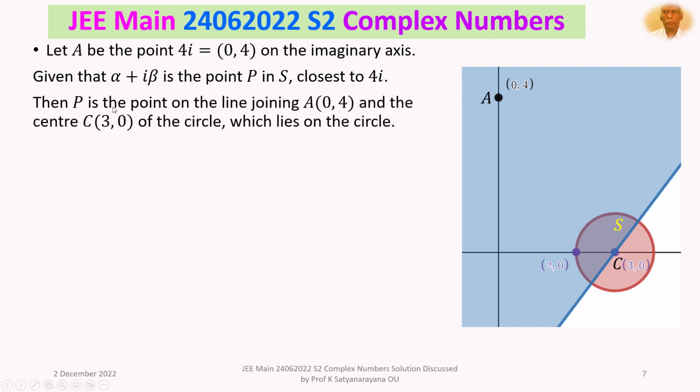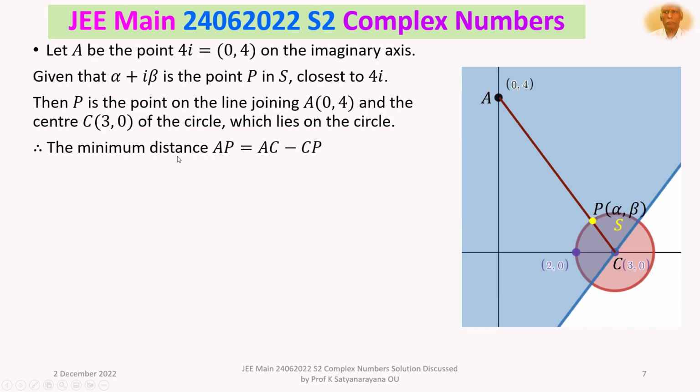Then P will be the point on the line joining A (0, 4) to the center C (3, 0) of the circle, which lies on the circle. This is P (alpha, beta).